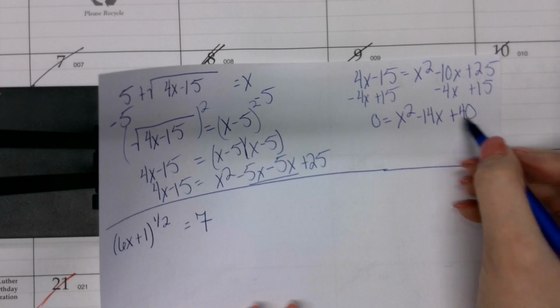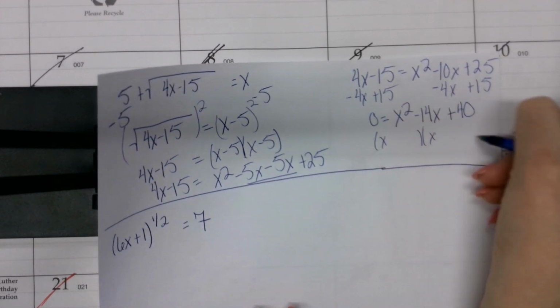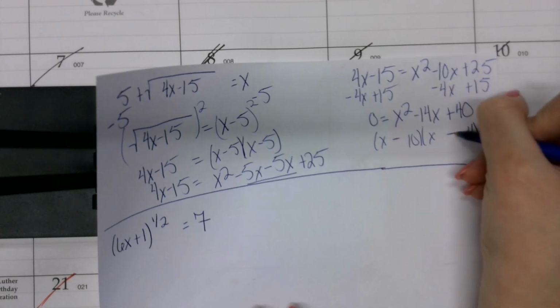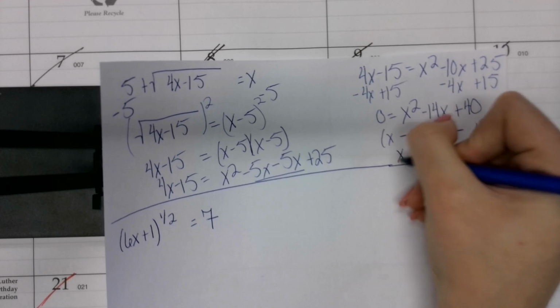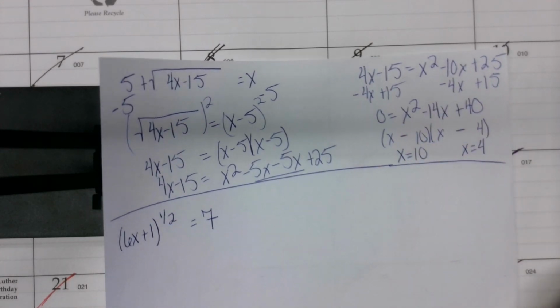So factors of 40 that add to get 14: 10 and 4, they're both going to be subtracts. So when we solve these both, I'd have x equals 10 and x equals 4.